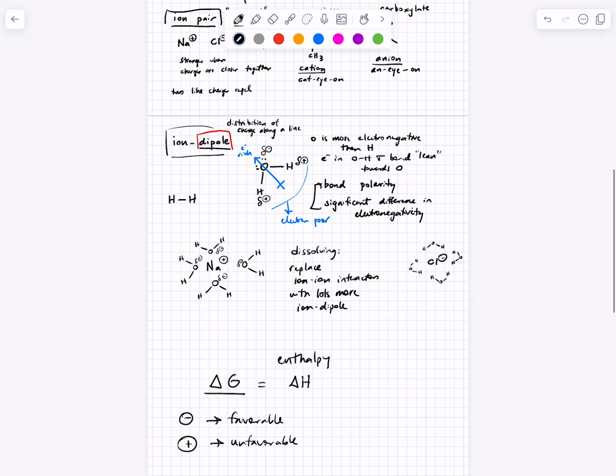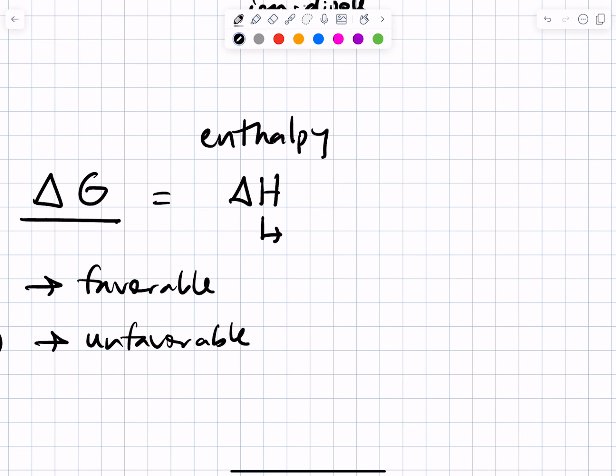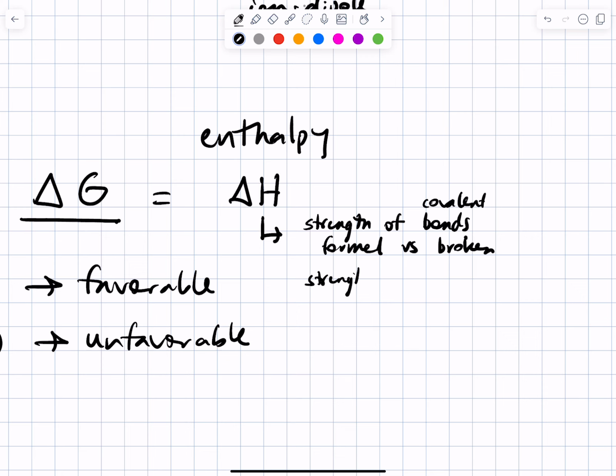And you can think about enthalpy as being related to two things for a process: the strength of bonds formed in a process, I'm meaning here covalent bonds formed versus broken, or the strength of non-covalent interactions formed versus broken.